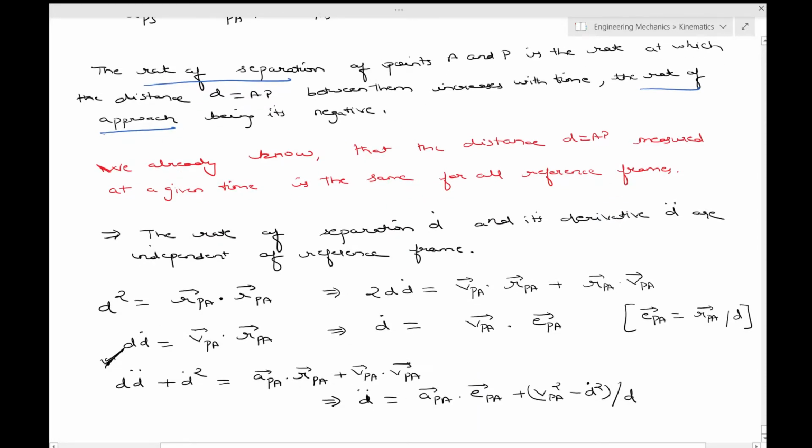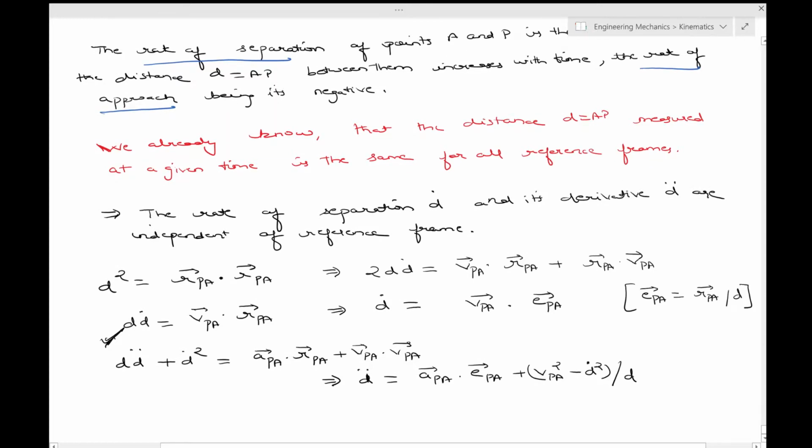So basically this has been taken to the other side, and both sides have been divided by d. So with that we can say that d dot is the component of VPA in the direction of RPA.